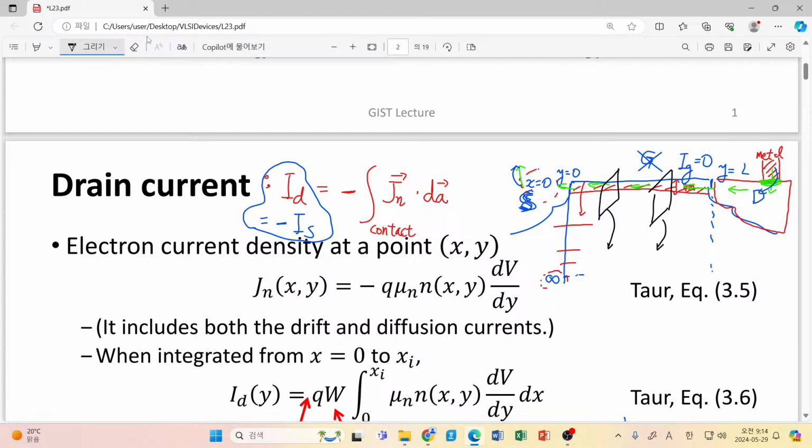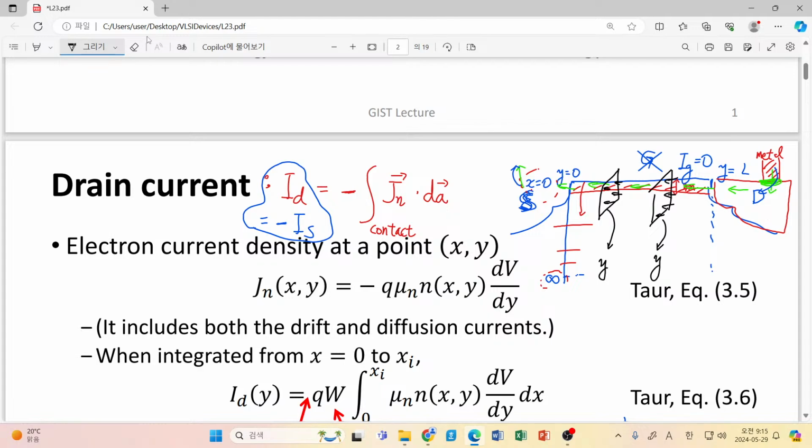There will be a certain current conduction over this plane, and also there can be a certain current conduction in this plane. But what we want to say is, when we make this integration at a certain y value, and if we make another integration at a different point, the integration should be the same. Are you with me?